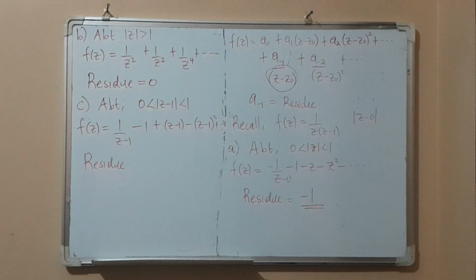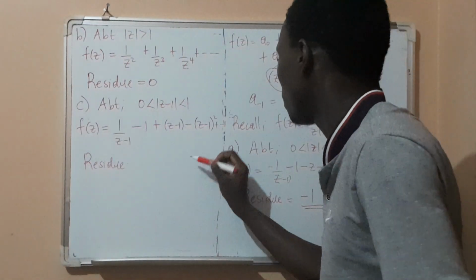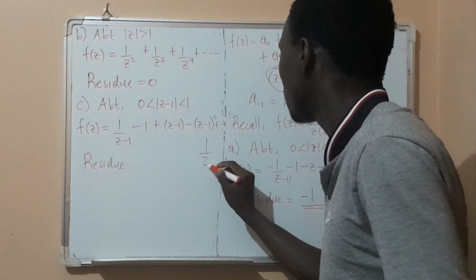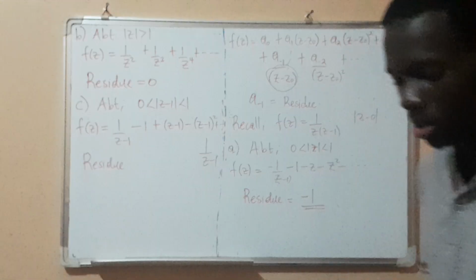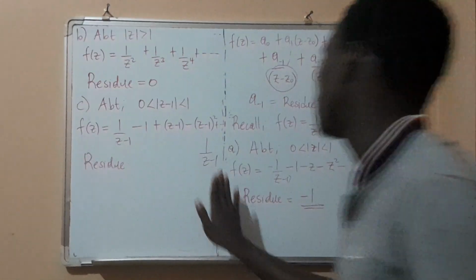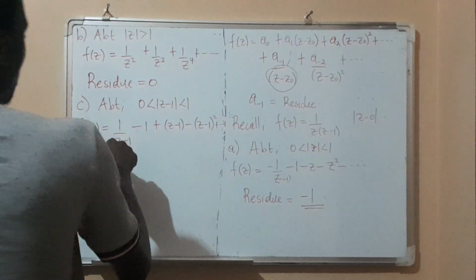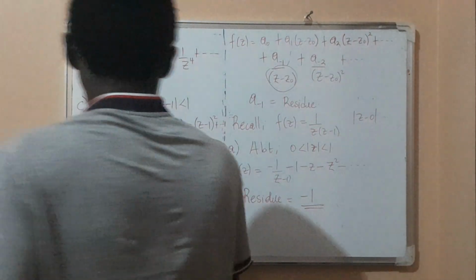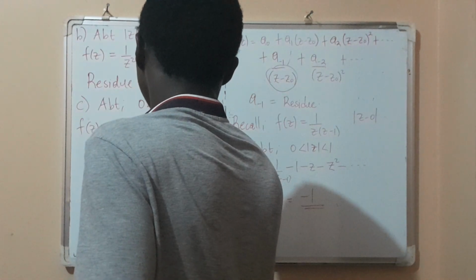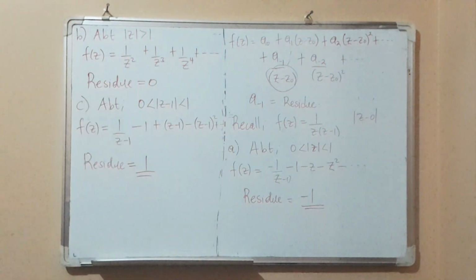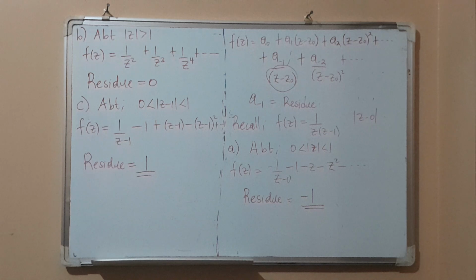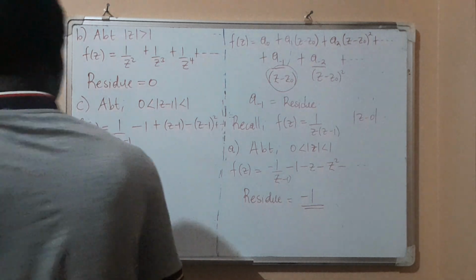Yes, it was obtained about a singular point z equals 1. So we look out for the coefficient of 1 over z minus 1. 1 over z minus 1 is this term. Its coefficient is 1. That is the residue.